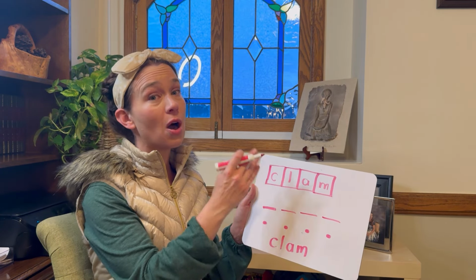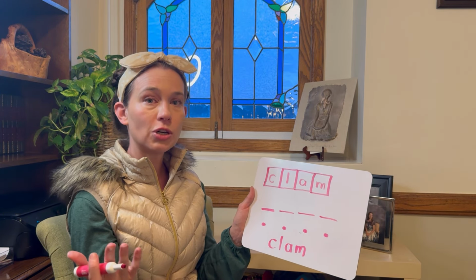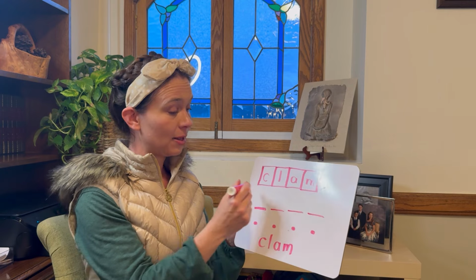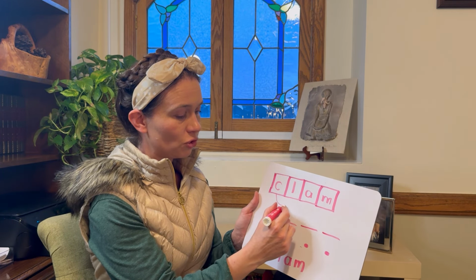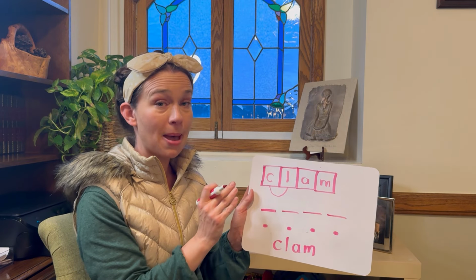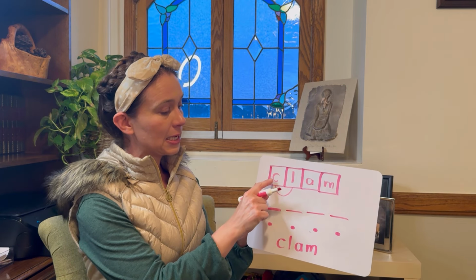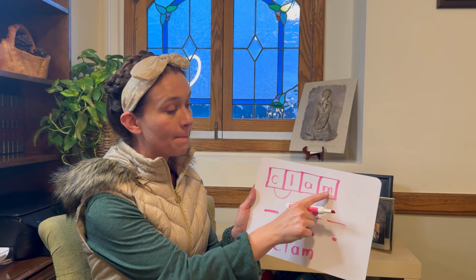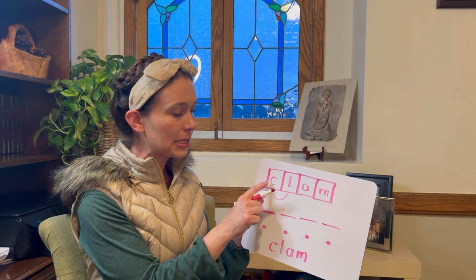So they have their own individual boxes, but the way that I model that for children and help them to see it is if I'm mapping out a word like this, I might just put a little swoop like that to help them remember that those are connected. All right, here we go. K, ul, a. Then I would probably go into that continual blending.